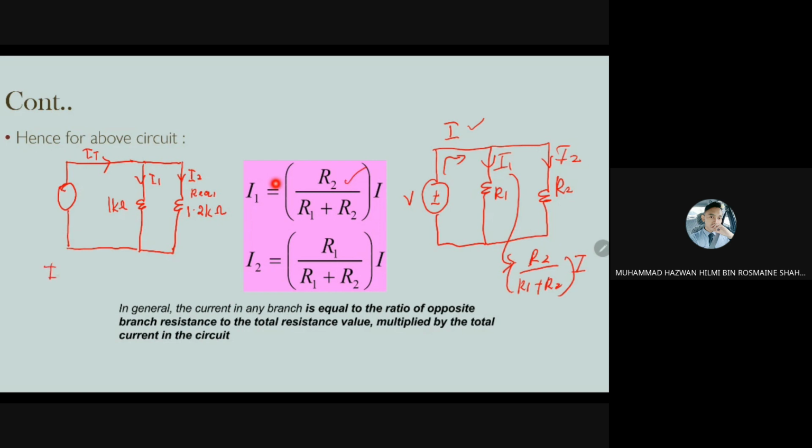To get I1 equals R2 over R1 plus R2 times I. So in this case, I1 equals 1.2 kilo ohm divided by 1.2 kilo ohm plus 1 kilo ohm times 0.011 ampere.